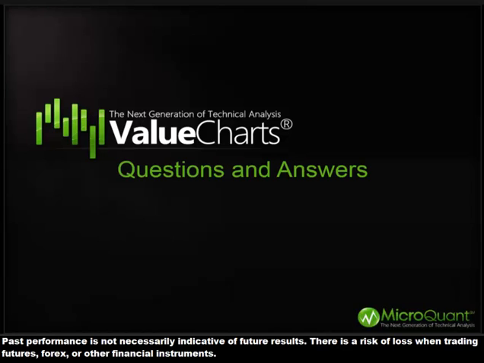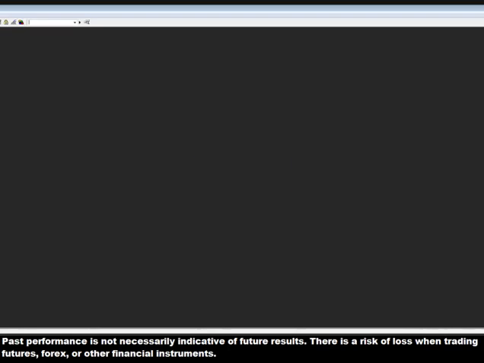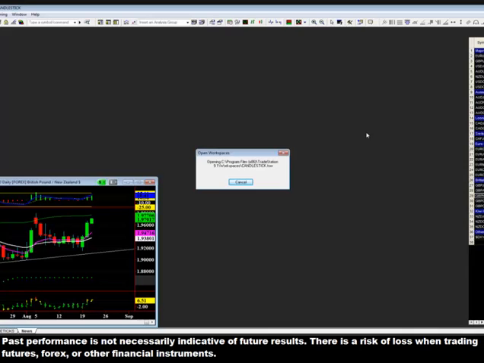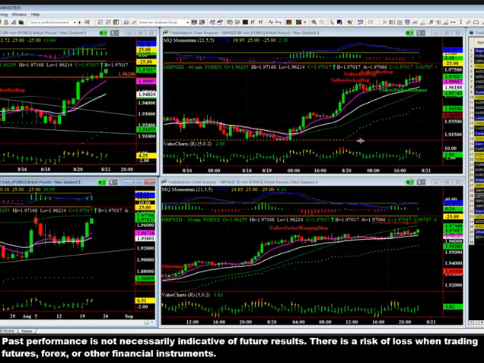I will pull up a quick chart here. Give me just one second. I'll give you a good example, hopefully. If I open up, can everyone see my TradeStation here?